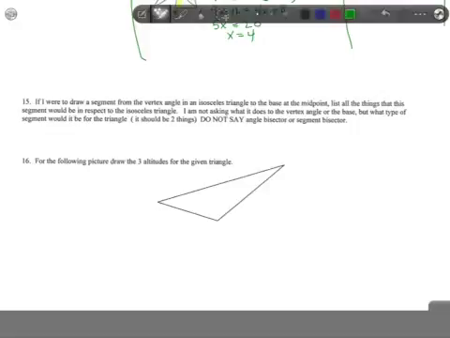I'm not asking what it does to the vertex angle or the base, but what type of segment it would be for the triangle. Well, the two things that it would be are a median and an altitude.